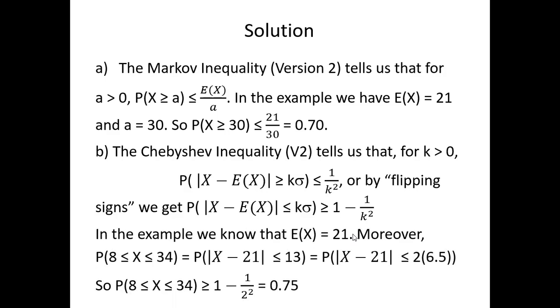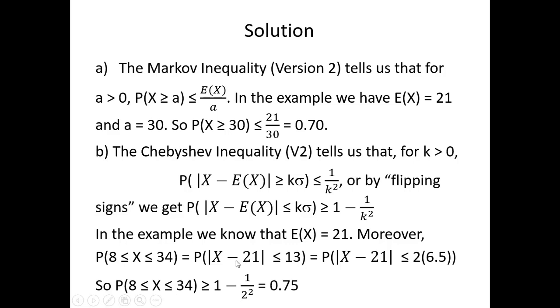So in the example, we know that E of X is 21. So the probability that X is greater than or equal to 8 and less than or equal to 34 is equal to the probability that the absolute value of X minus 21 is less than or equal to 13. Okay, so these two probabilities are equivalent, right?